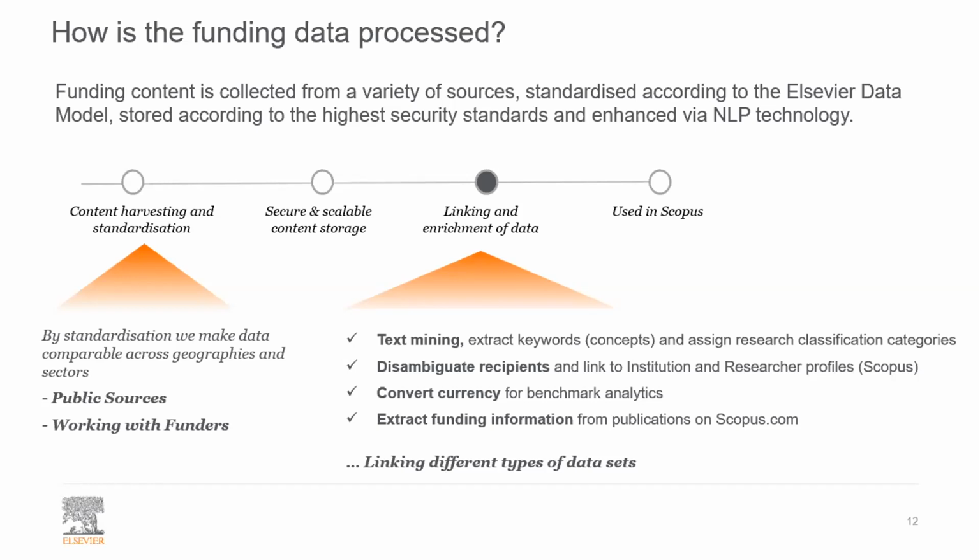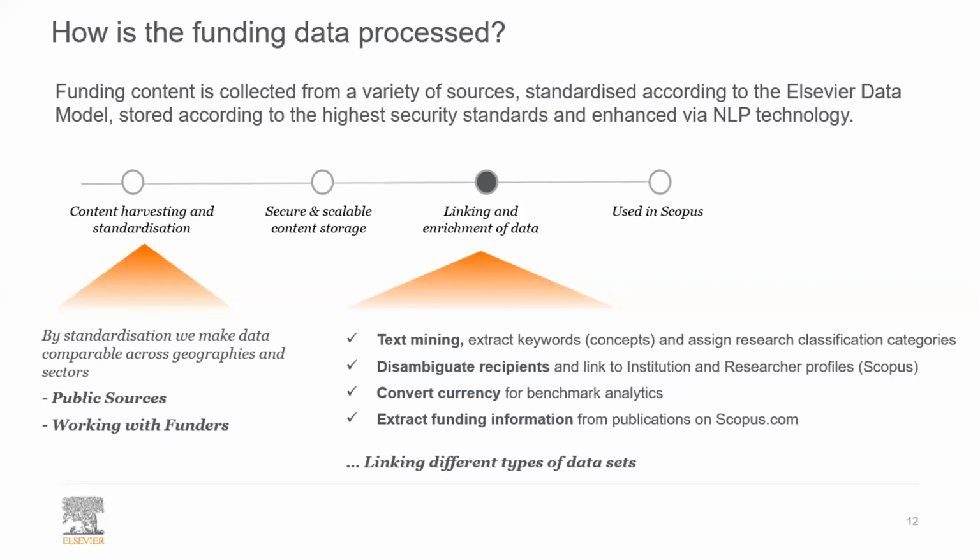We disambiguate the recipients, either the researchers or the institutions, and we are connecting them to the Scopus researcher profiles or the Scopus affiliation profiles, and when possible, even with external identifiers such as ORCIDs for researchers. We also convert all currencies to a common currency, so we can compare across different geographies. Even more, we are extracting the funding information from publications available on Scopus to be able to link funding and outputs.